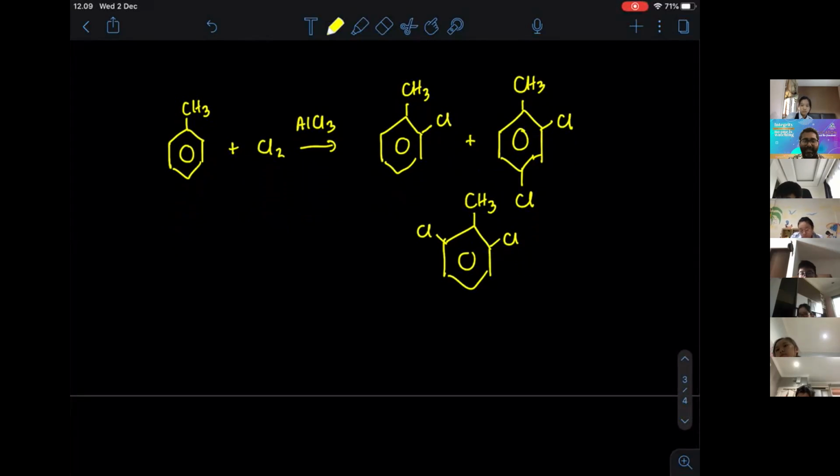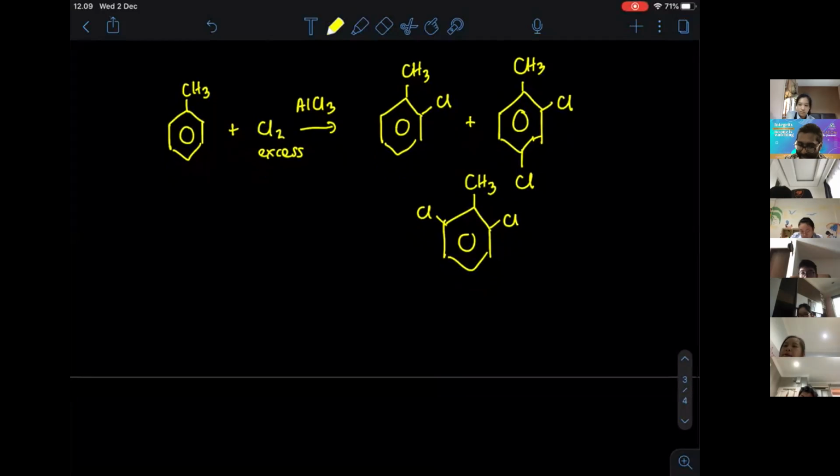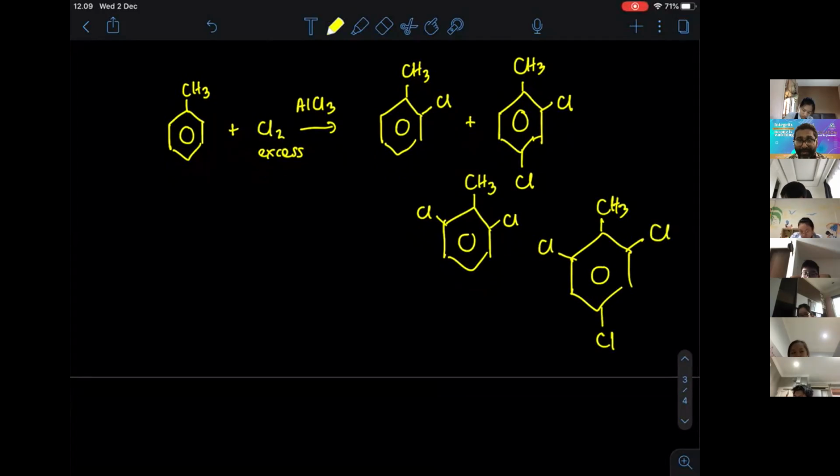Or if there is really excess Cl2, it will activate everything, which is going to be CH3, 2, 4, 6 activating. This is what is meant.